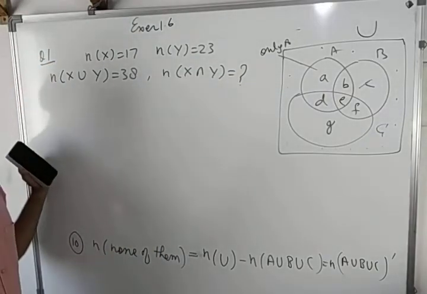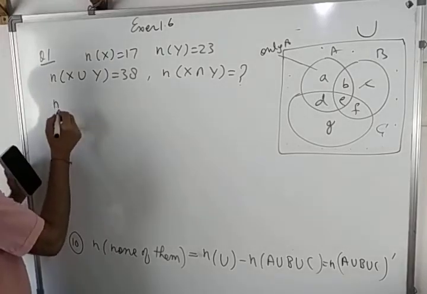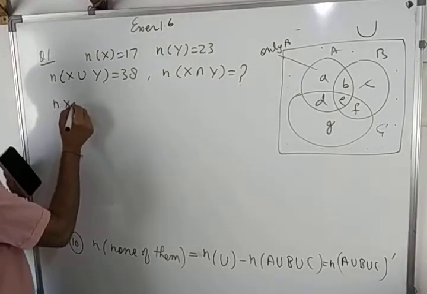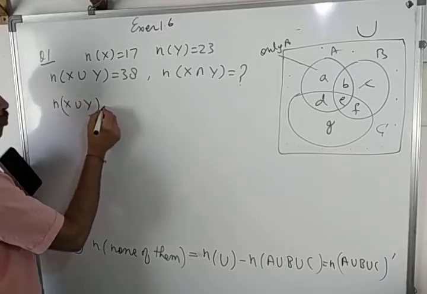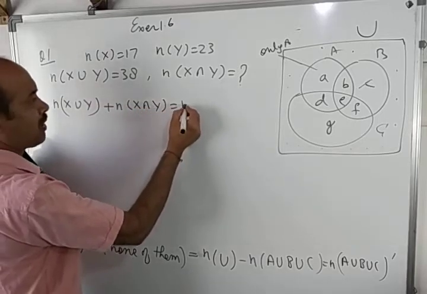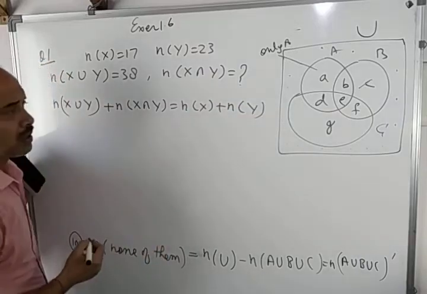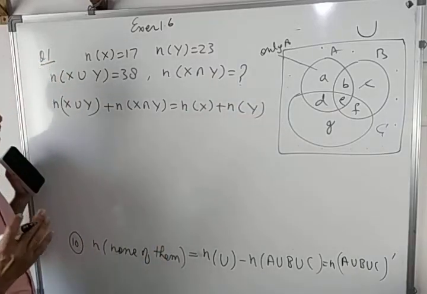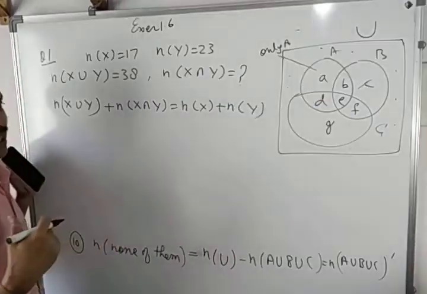So the result we have already discussed, that we have to write n(x union y) plus n(x intersection y) is n(x) plus n(y). This I have given from my side, but in books this intersection is given on the right hand side with the negative sign.